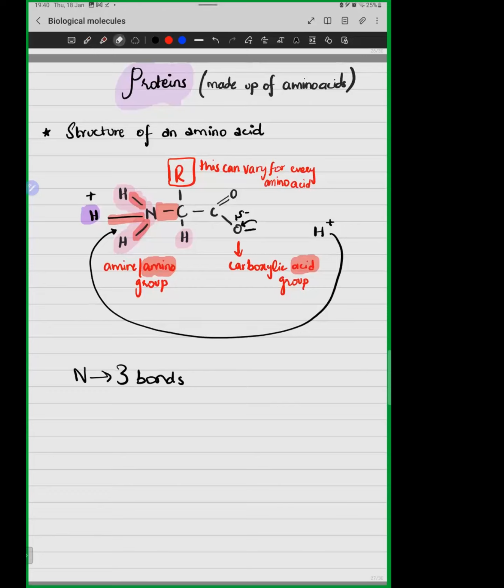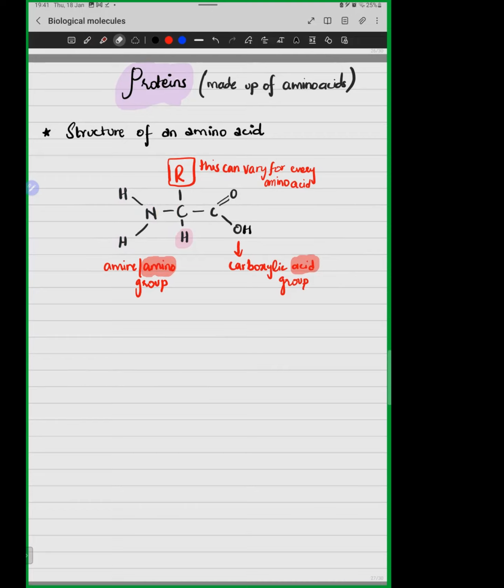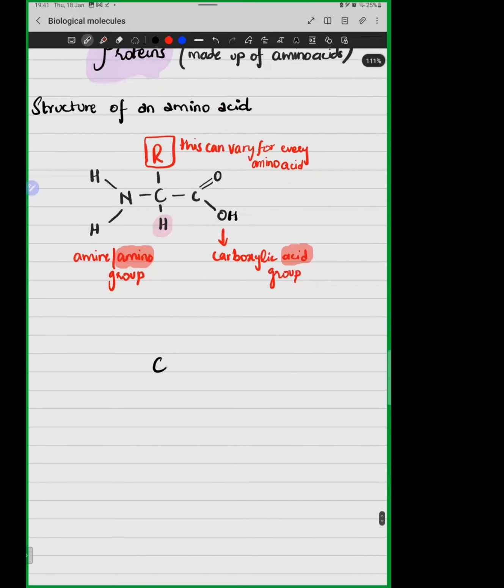तो हमारे पास हो क्या रहा है? हमारे पास बेसिकली एक आयन फॉर्म हो रहा है, और वो आयन कैसे फॉर्म हो रहा है? लेट मी शो यू. लेट मी रीड्रॉ दिस स्ट्रक्चर. Now this oxygen no longer has its hydrogen attached. Why? Because इसका जो hydrogen है वो किसके पास चला गया? To the amine group. So it has a completely negative charge on it.